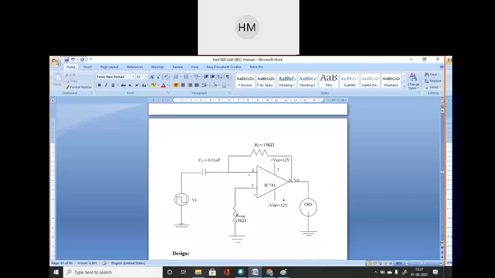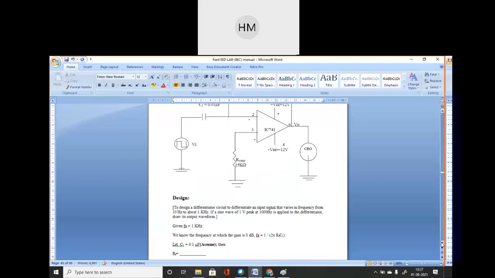Write down the question: to design a differentiator circuit to differentiate an input signal about 1 kilohertz. ठीक है, this is given to you and now I will tell you the designing steps.